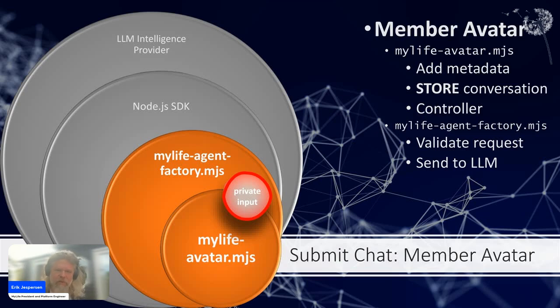So every avatar is both born from and contains a private factory, which is where most of the magic takes place. Inside of an agent factory is where we validate the request, whether it's a chat or an obscure, and position it over to the LLM.